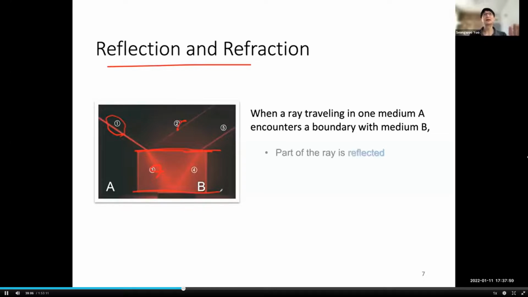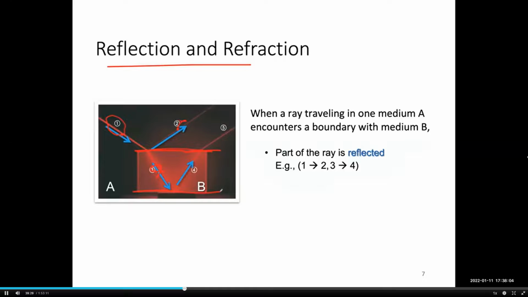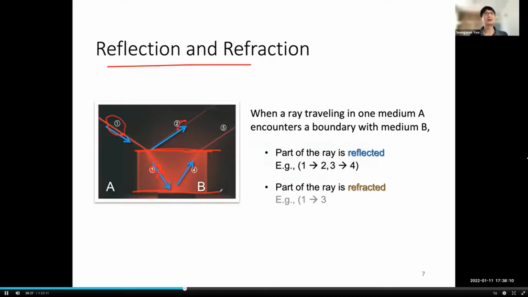Now, first of all, we can identify the reflections in this diagram. For instance, this incident ray is reflected to number 2, and then we have another reflection which follows arrow number 3 and is reflected to arrow number 4. We can also identify refractions.